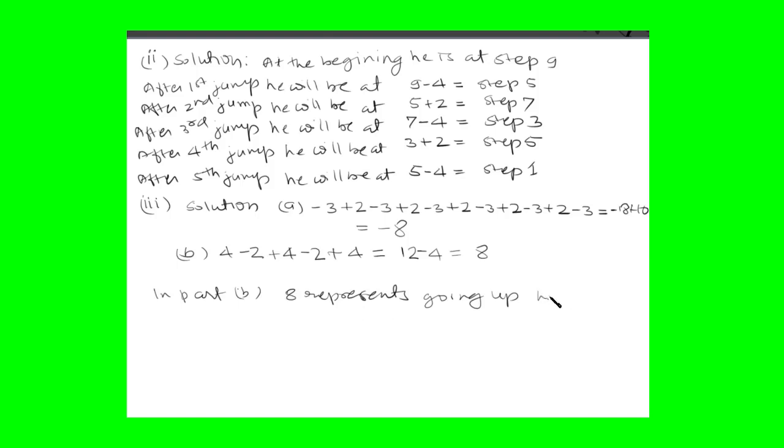Hence, in part A, the sum minus 8 represents going down by 8 steps. So what will the sum 8 in B represent? So in part B, 8 represents going up as it is a positive integer. This is our solution of question 10.